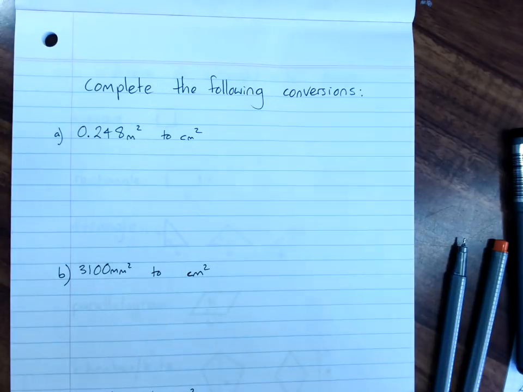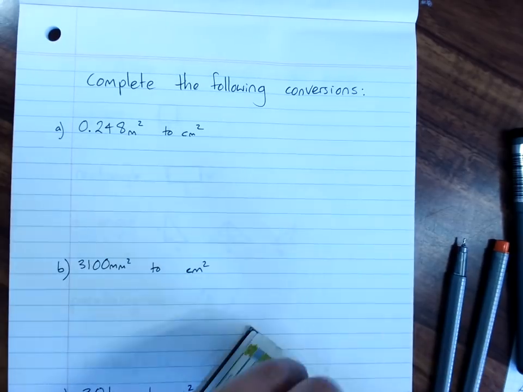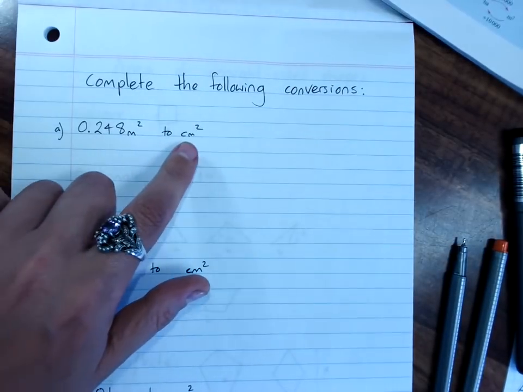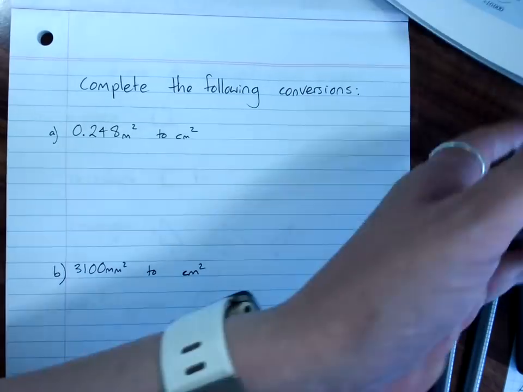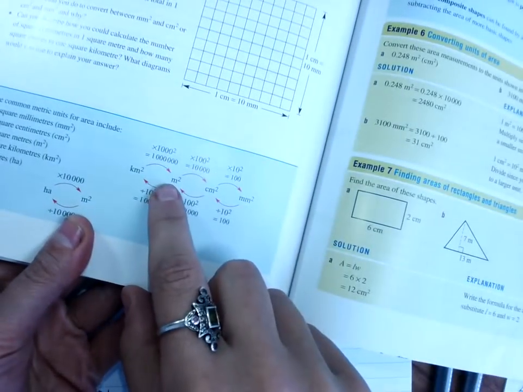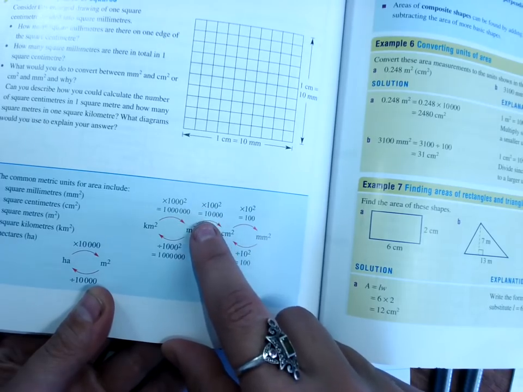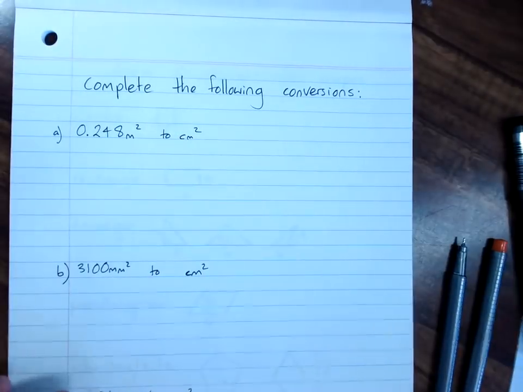So it's page 192. So here we go. This question is going from metres squared to centimetres squared. Metres squared to centimetres squared, times by 10,000.